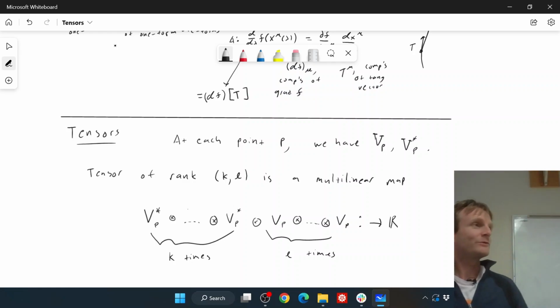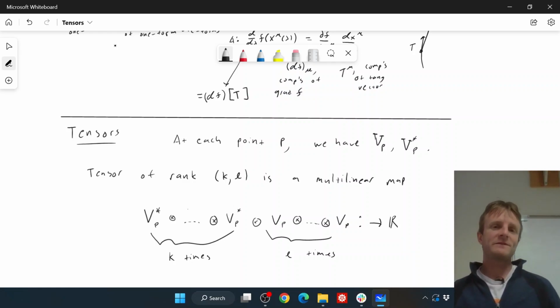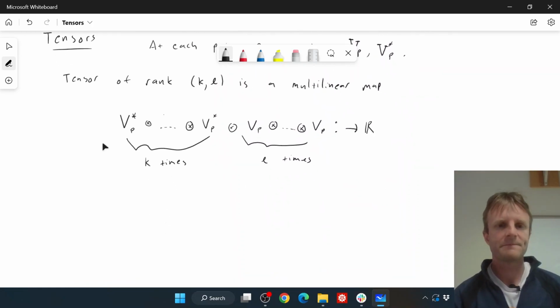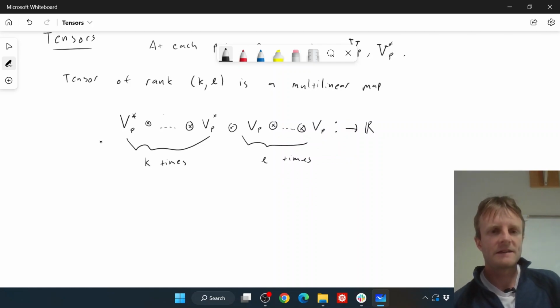So it's the natural generalization of what we did for the one form, except instead of sending in a single vector, you now get to send in a bunch of dual vectors and a bunch of vectors.